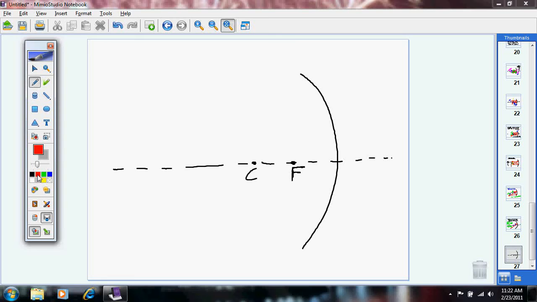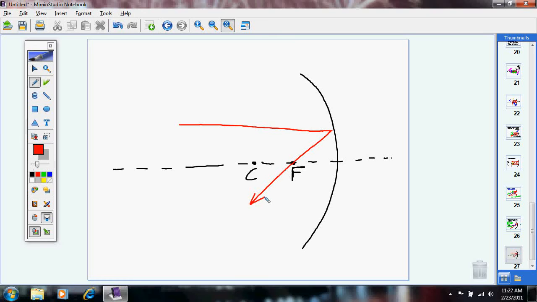So just to summarize, the first important ray that we've been using all along is a parallel light ray reflects through the focal point. No need to write that down, already have that. Yes? The second important ray that we know is a light ray through the focal point, bounces back parallel.